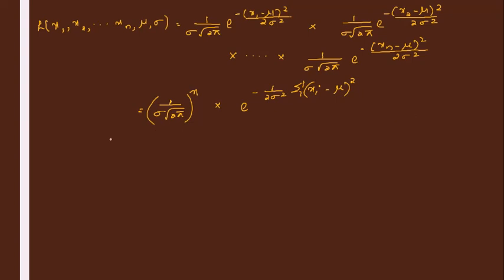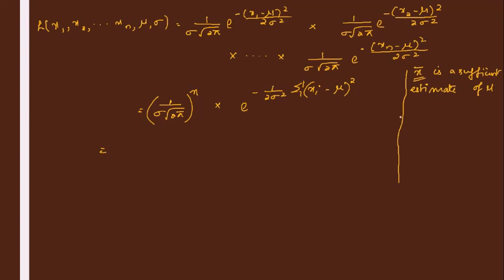Now I just have to represent this in terms of what. In my question it is clear that I have to check whether x bar is a sufficient estimate of mu. So the problem over here is I don't have any x bar in this equation.